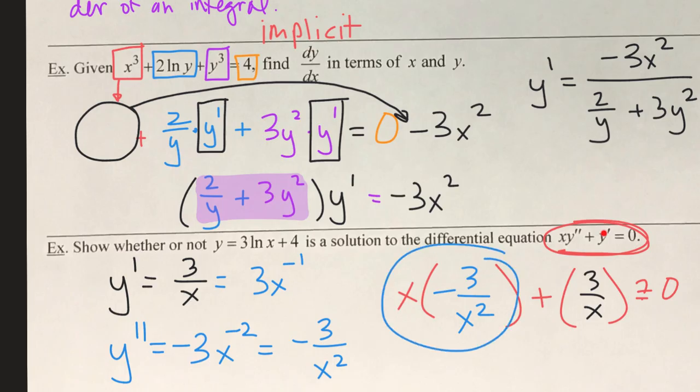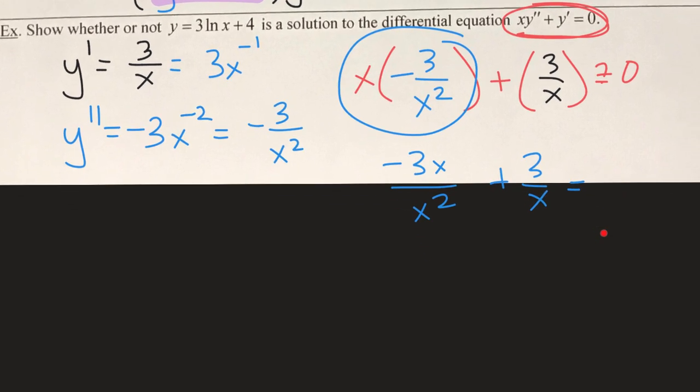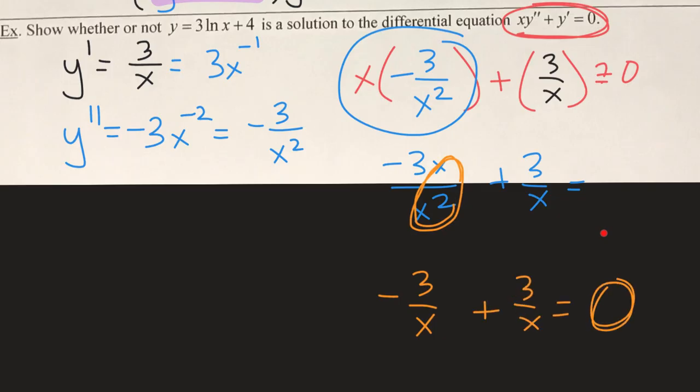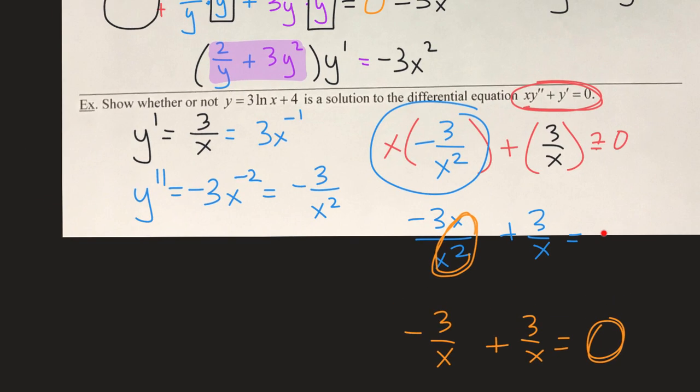So this becomes negative 3x over x squared plus 3 over x. Okay, so we can simplify this by dividing one of these x's out. Negative 3 over x plus 3 over x, those do in fact equal 0. So in other words, this function is a solution to this differential equation.